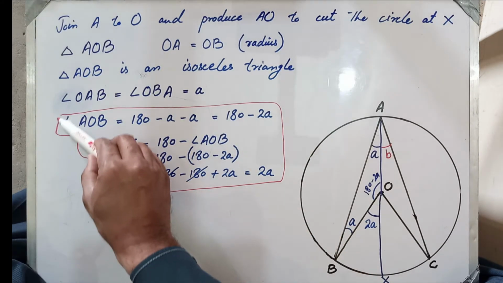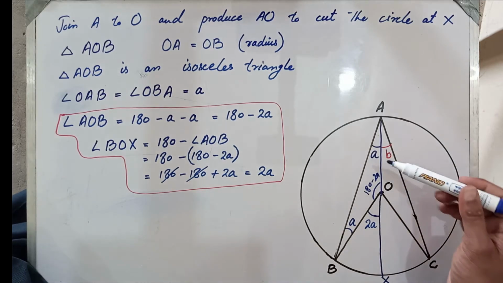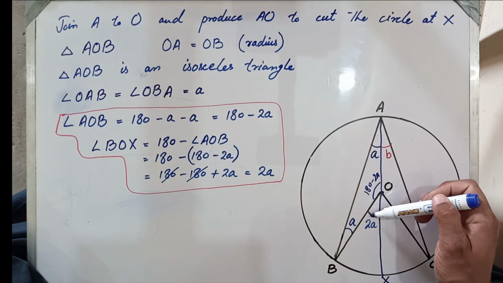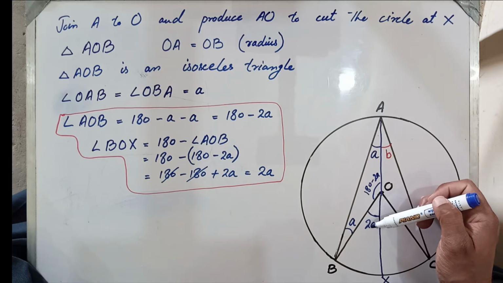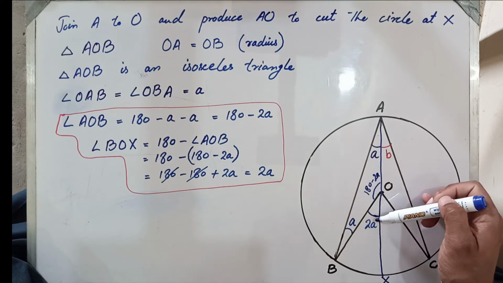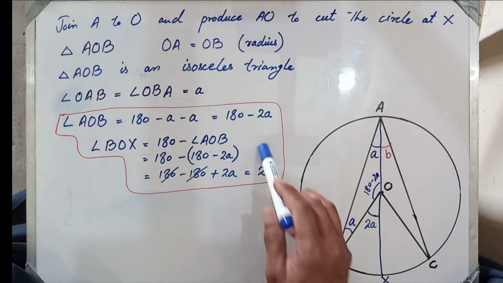I repeat the property again: the sum of two opposite interior angles is always equal to that exterior angle. Otherwise you can solve this one.